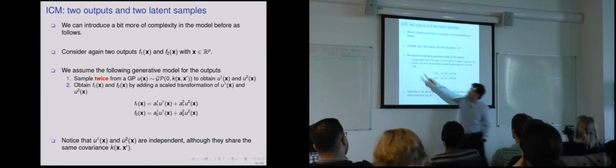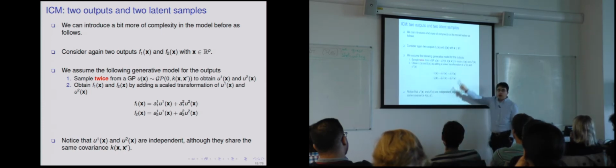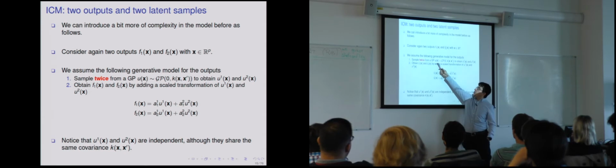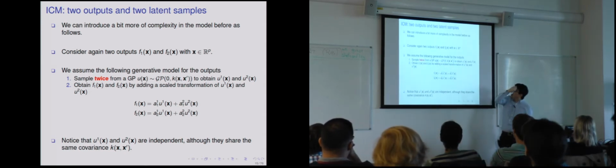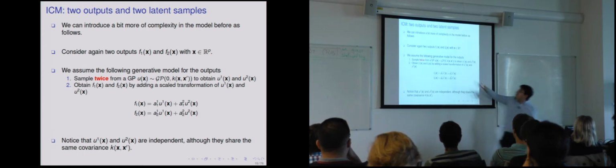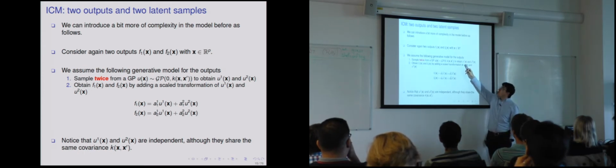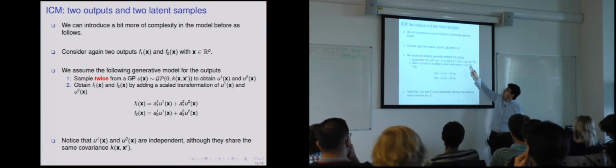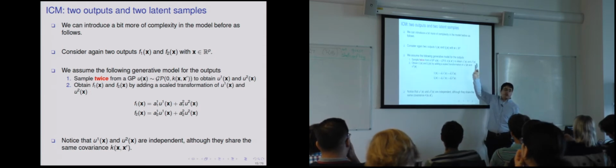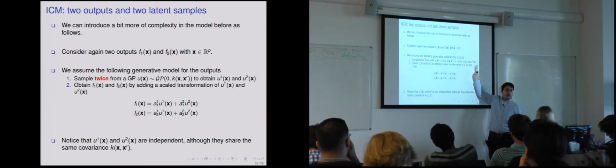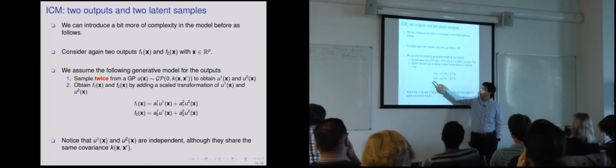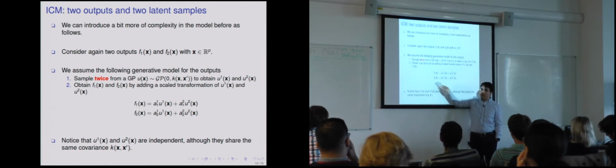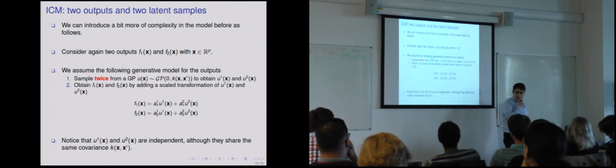So now we're going to sample twice from this latent process, u(x), with covariance k(x, x'). And then we obtain two samples, u superscript 1 and u superscript 2. And what we're going to do is make a linear combination of those two samples and use that linear combination to represent output 1, and another different linear combination to represent output 2.